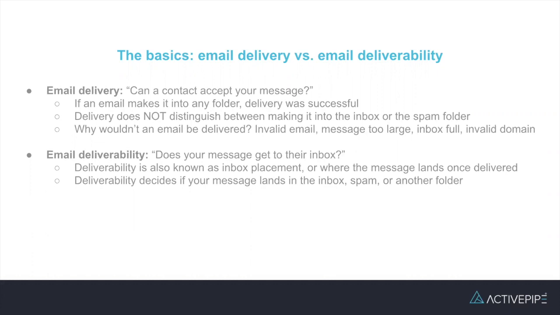Some examples of when your emails may not have been delivered: it could be an invalid email address. ActivePipe will let you know if an email is invalid. It will show up next to that contact record. Another reason could be that the email you're trying to send is too large to be sent, something high in megabytes, which isn't very typical for most email providers anymore.